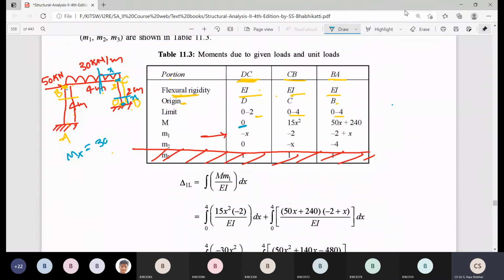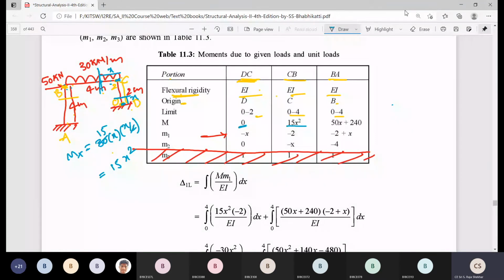The total load is 30 into X, which acts at a distance of X by 2 from the section. So that is 30 into X by 2, that is 15 X square, the bending moment in the member BC due to applied load. Because of the 50 kilonewton load, the effect is 0 because the load is passing through the section. So the bending moment in the CB member is 15 X square.